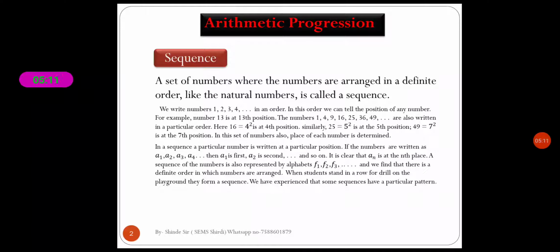Generally we represent a sequence with the help of f1, f2, f3, and so on, and we find that there is a definite order in which numbers are arranged.